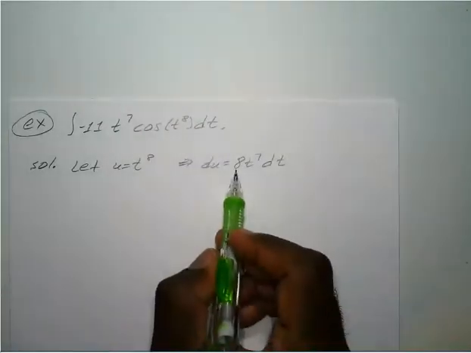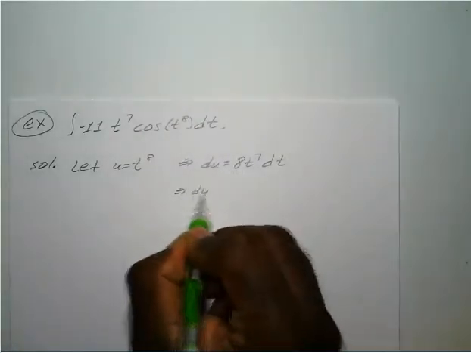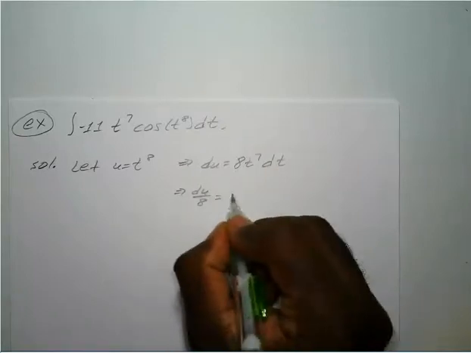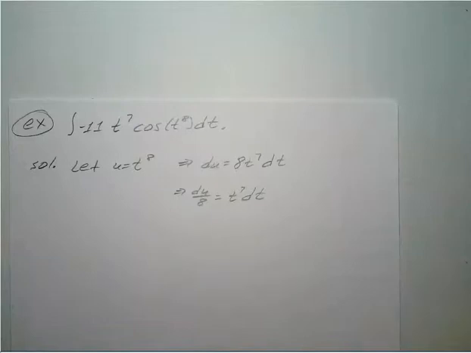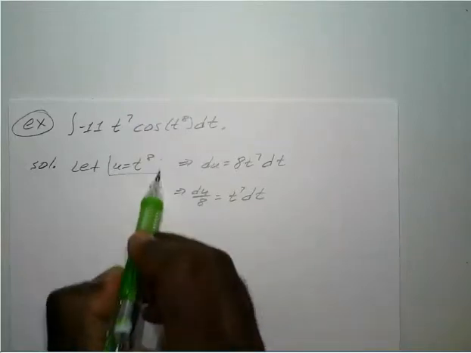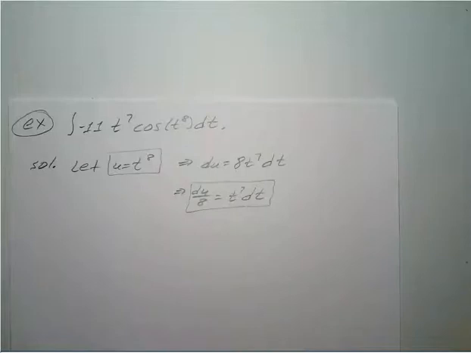And of course, if we divide both sides by 8, we end up with du over 8 equals t to the 7th dt. So really we're going to use this one, and we are going to use this one.